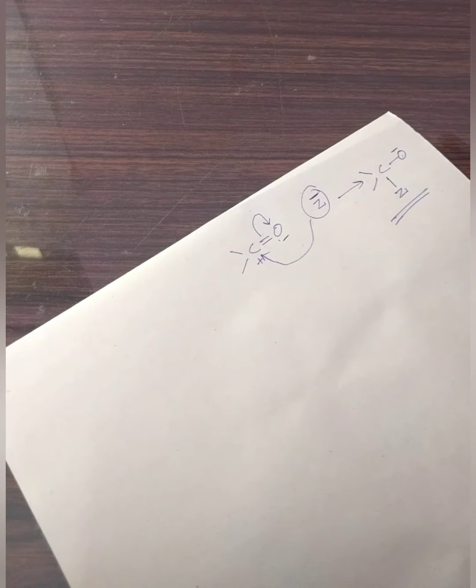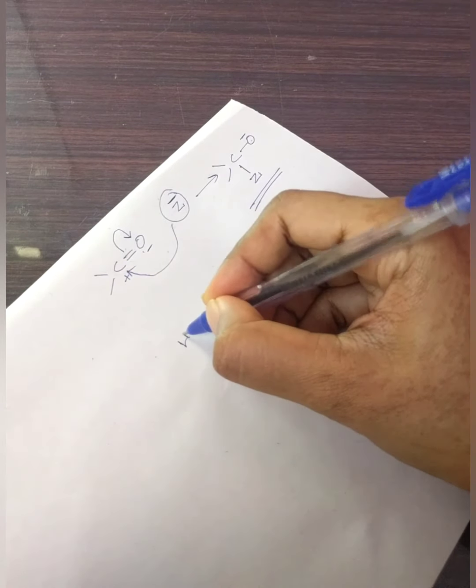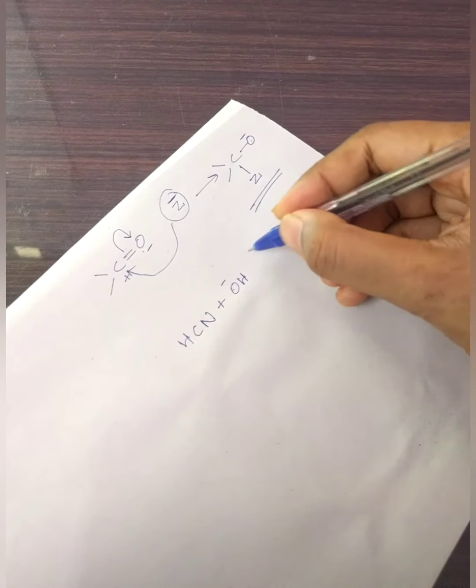And one more thing which you have to keep in mind is one way of representing the electromeric shift which will be operating during the nucleophile attack of cyanide or CN minus ion, which is generated from HCN. You know, CN minus is generated from HCN. So that is something which is very different. I'll draw that condition here. So HCN, and you are having an OH minus.